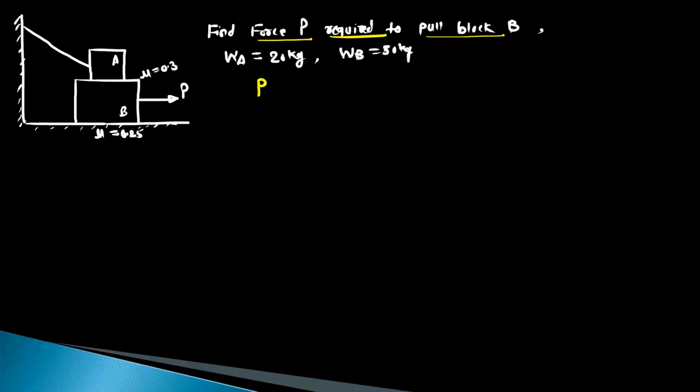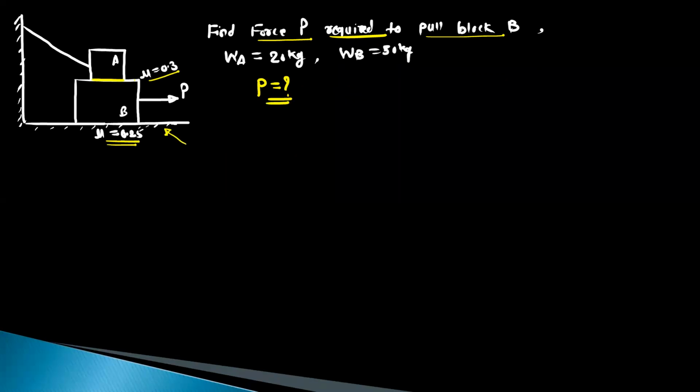So we have to find out the force P, and the coefficient of friction at two different contact surfaces is given. One surface is between block B and the ground. This friction is 0.25, and the second contact surface is between block A and block B. At this contact surface, friction is 0.3.